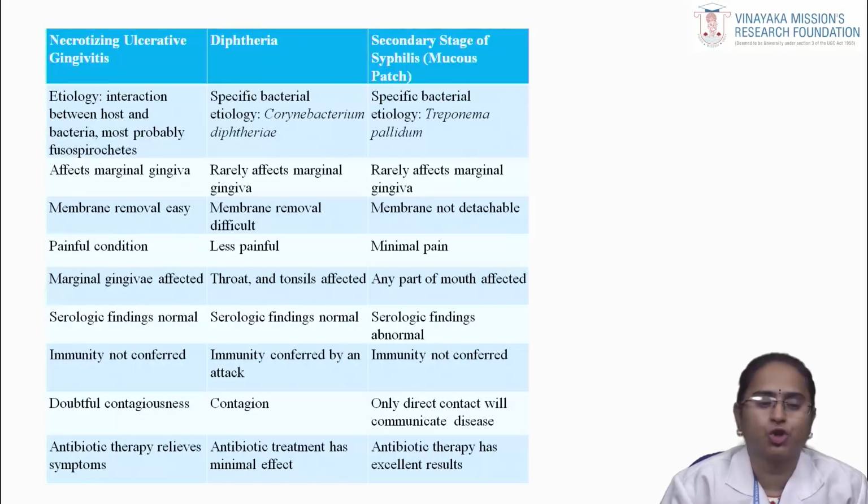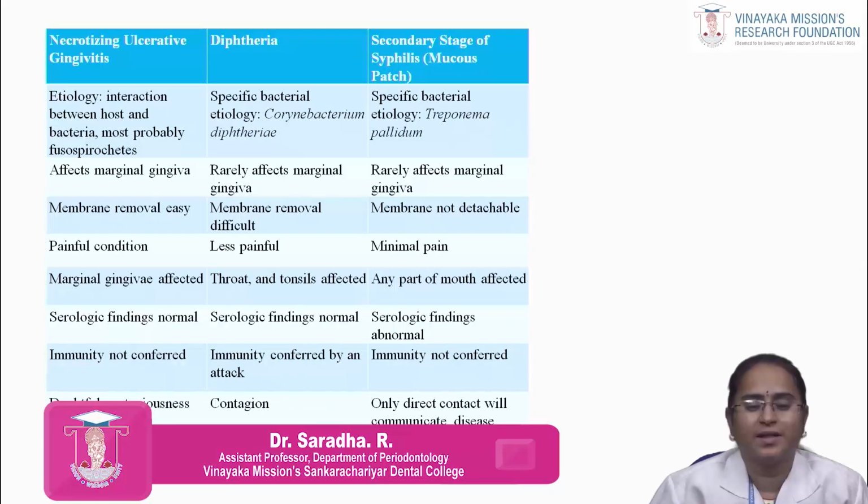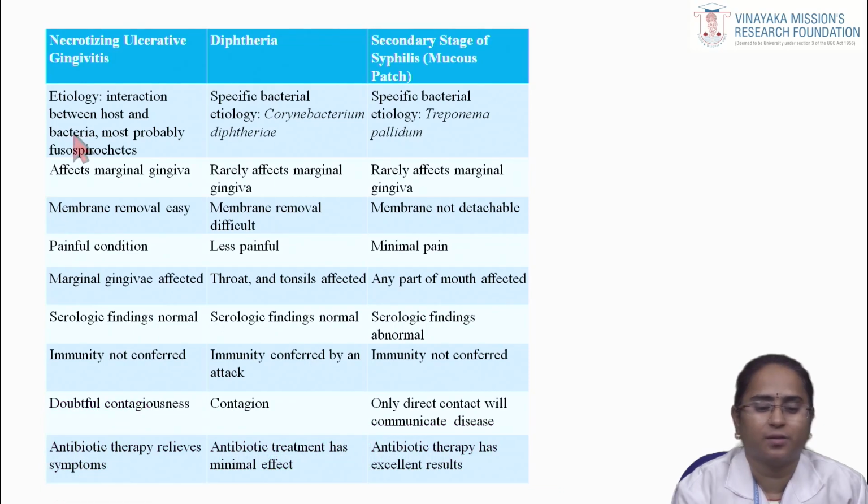And coming to the differentiation between necrotizing ulcerative gingivitis, diphtheria and the secondary stage of syphilis. Here the etiology, as I have mentioned, is between host and bacteria, most probably spirochetes, whereas in diphtheria it is Corynebacterium diphtheriae, and in syphilis Treponema pallidum. NUG affects the marginal gingiva.